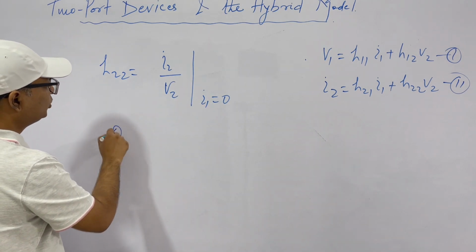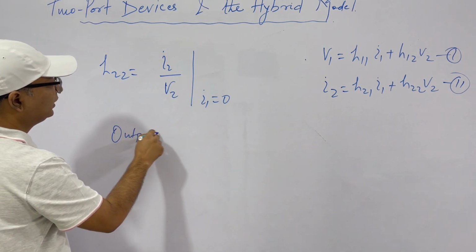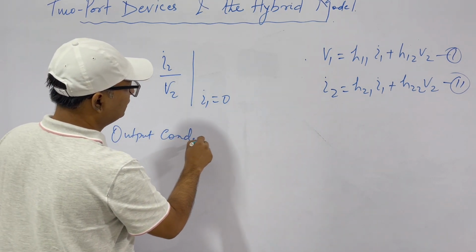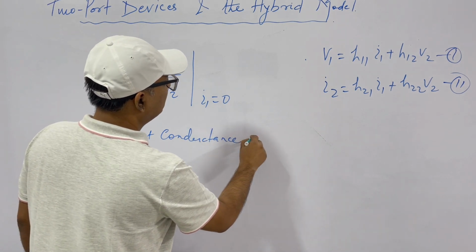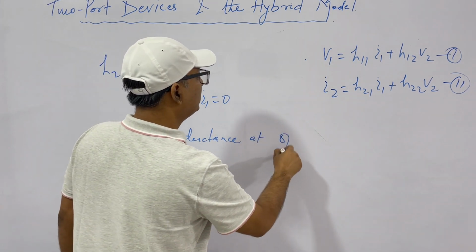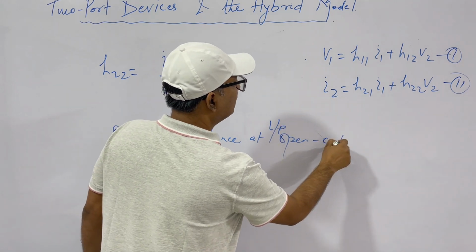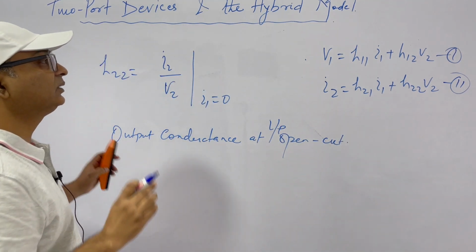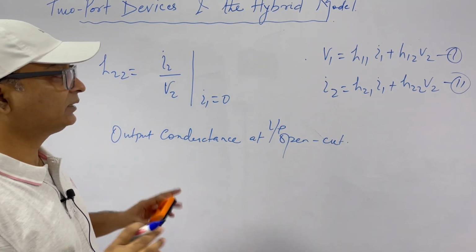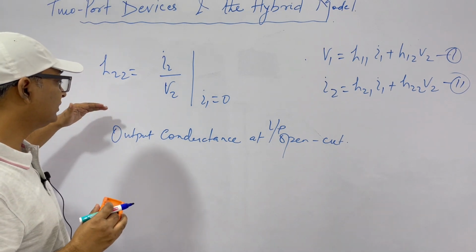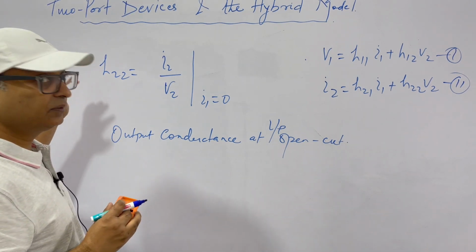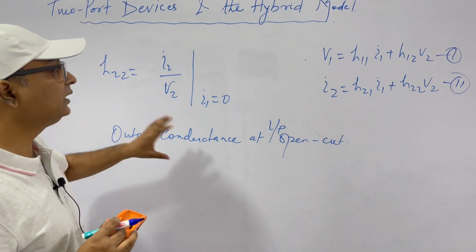So this is output conductance at input open circuit. Clear? So we have defined H11, H12, H21, H22, and we saw what their meaning is.